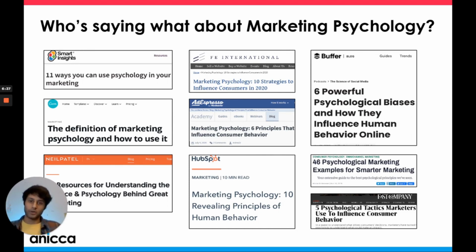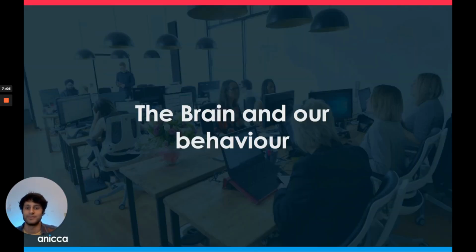Every time I go onto these websites, I do the same thing where I ask how and why, and try to dig deeper, and I get pointed to this one thing, and that's the brain. So we need to know more about the brain in order to understand marketing psychology.